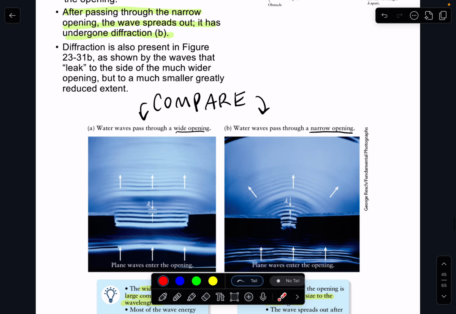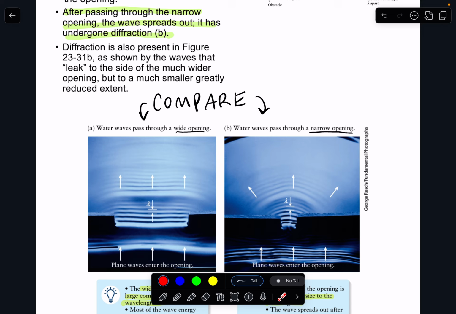Here we can visualize this using water. If we make waves in water by pushing on the water, the ripples denote the wavelength of the water. If this opening is much bigger than this wavelength, we're just going to see a big flat wave crest. This is kind of like the flashlight through the doorway example.